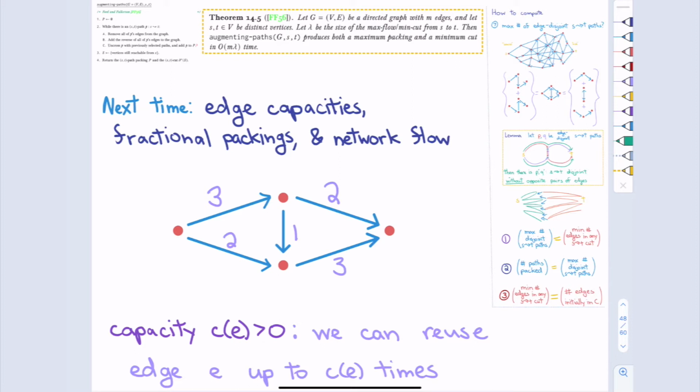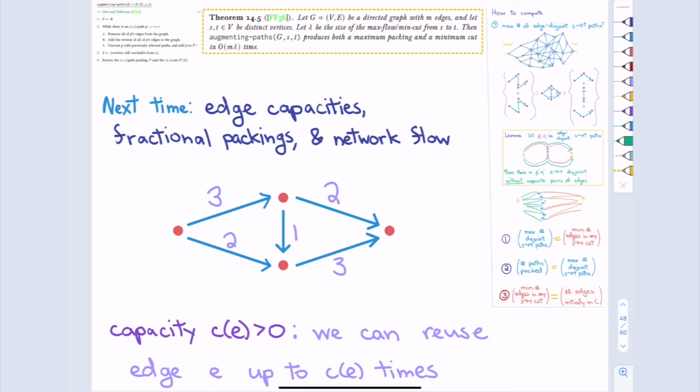Next time, we're going to introduce edge capacities. You can think of them as pipes and the width of pipes. So if an edge is labeled 3, I'm allowed to use that edge up to 3 times. You don't have to be edge disjoint anymore, just the number of times I use an edge among my path packing is at most the capacity of that edge.